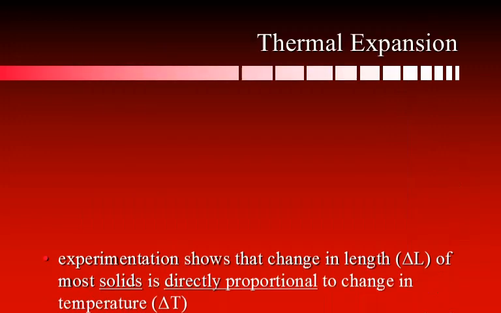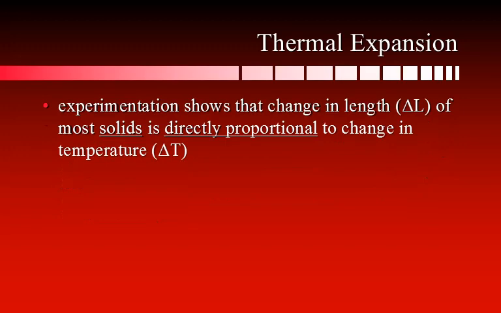And so with thermal expansion, we're looking at the change in length. In solids, it's mostly directly proportional to the change in temperature. So that's a really significant thing here.